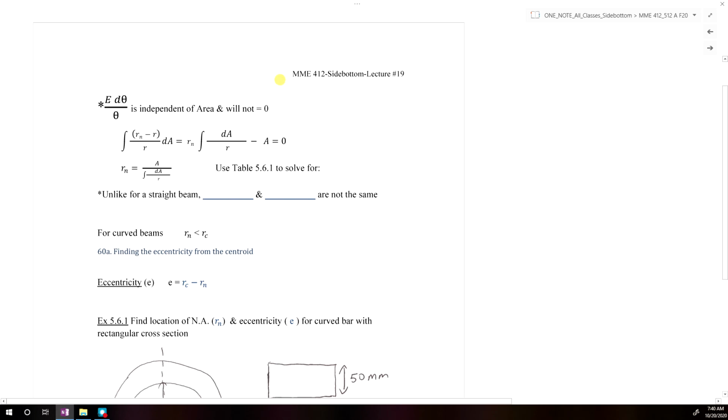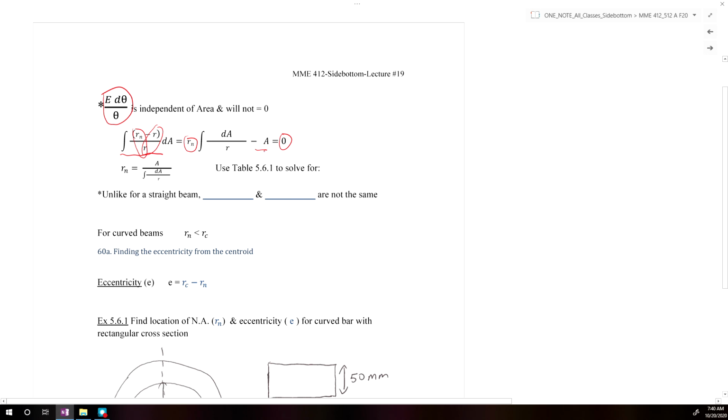We can treat E d theta over theta as a constant, and it's not equal to 0, so we can multiply both sides by theta over E d theta, and they'll all cancel out. We're left with this integral here that has to be equal to 0. Dividing by R for both terms, we get this equation: Rn, which is a constant, times the integral of dA over R, minus the integral of just dA, which is just going to equal A, must be equal to 0.